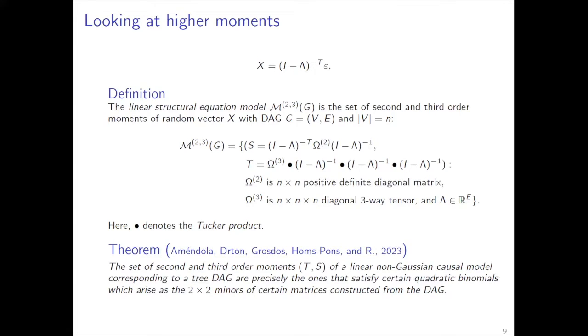So we just did the first such study where you have now second and third order moments, and we showed that if the graph is a tree DAG, called a polytree, so the skeleton, the underlying undirected graph, is a tree, then all of the equations defining the model are known. This model is the image of a polynomial map, and so it's actually an algebraic variety, cut out by polynomial equations.